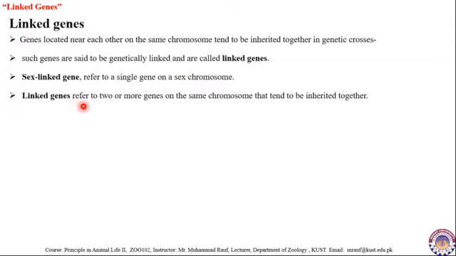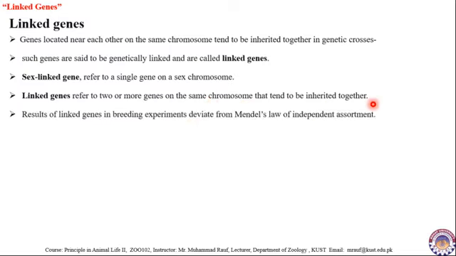So linked genes refers to two or more genes on the same chromosome that tend to be inherited together. Results of linked genes in breeding experiments deviate from Mendelian laws.